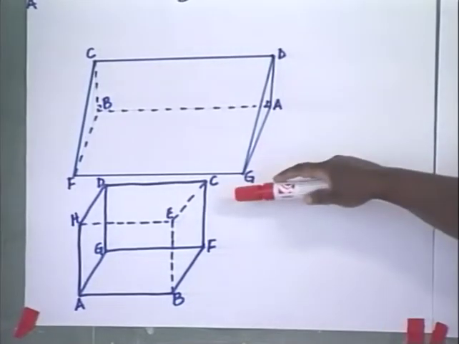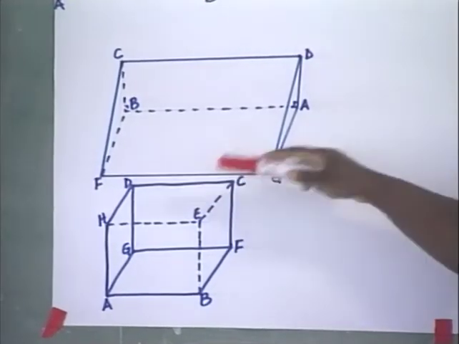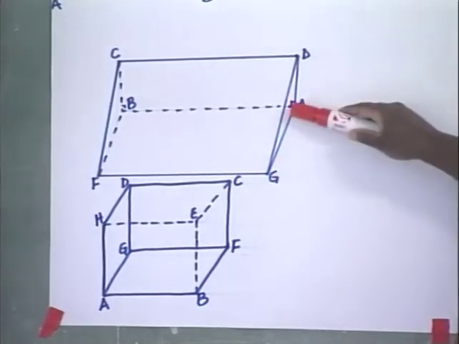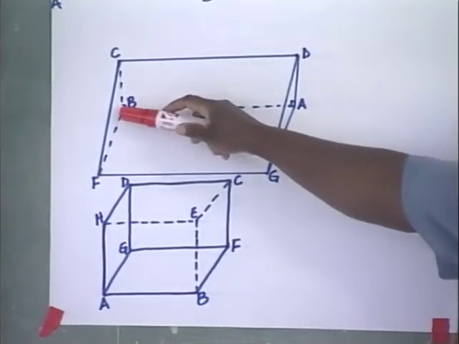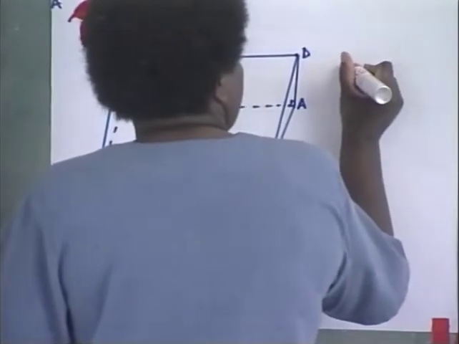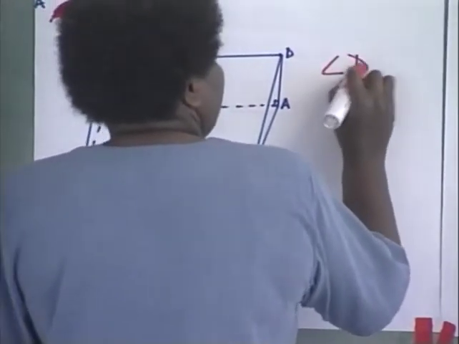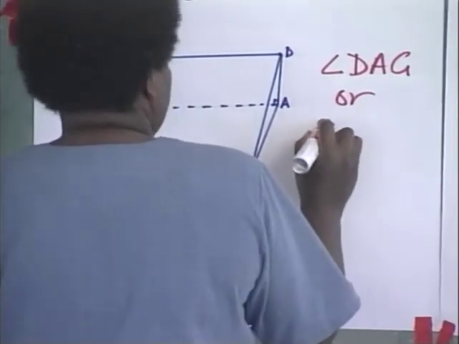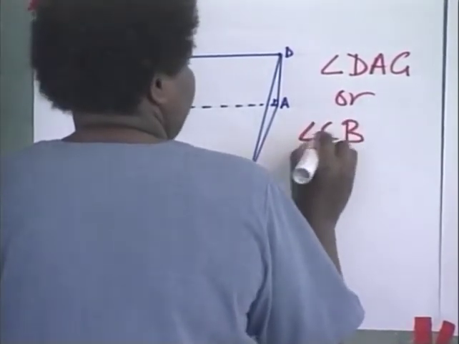The two lines in the plane ABFG that are perpendicular to the common line are AG and BF. So the angles are actually DAG and CBF.